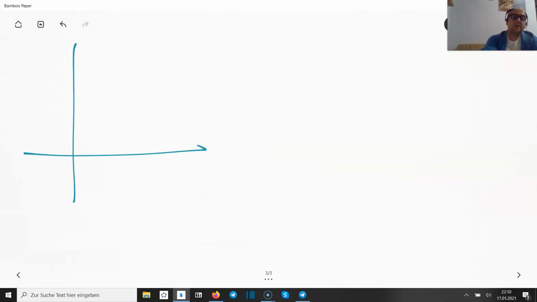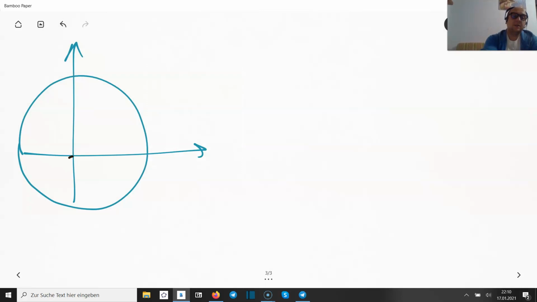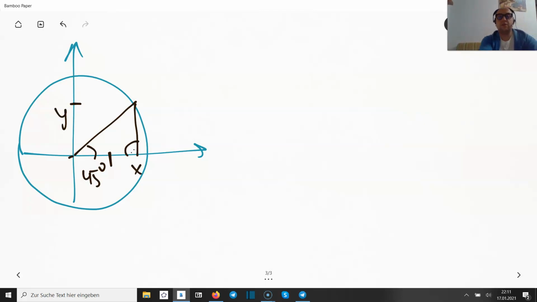So let's do it. What are we doing? Well, once again, unit circle. There you go. And we are taking 45 degrees. We're here, 45. All right, so it's a right angle triangle. This value is the x value, then we have the y value, and since it's 90 degrees right here and this angle is 45, this one must be 45 again.